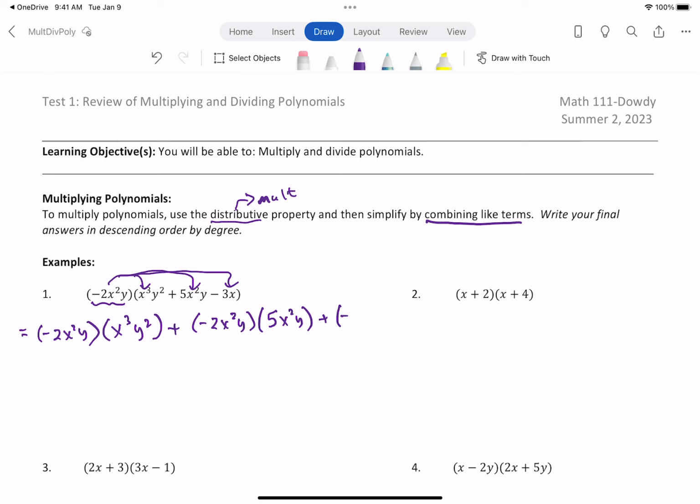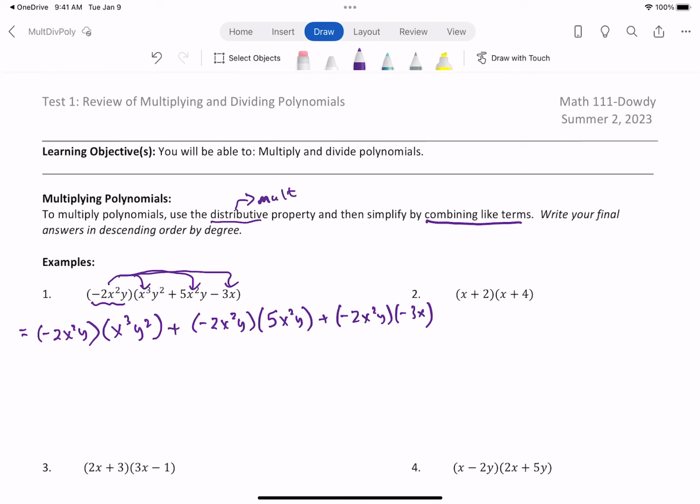And then I'm going to multiply that monomial times the last term in the trinomial. So if you don't show this step and you just begin the distribution, that will be fine as long as you're comfortable with that and able to do it successfully.